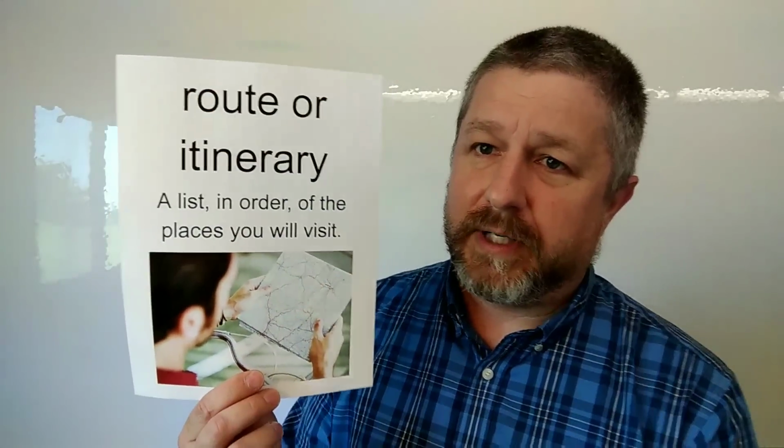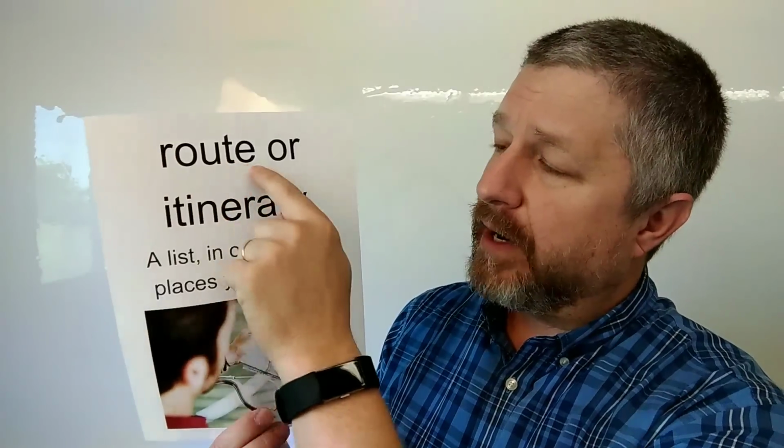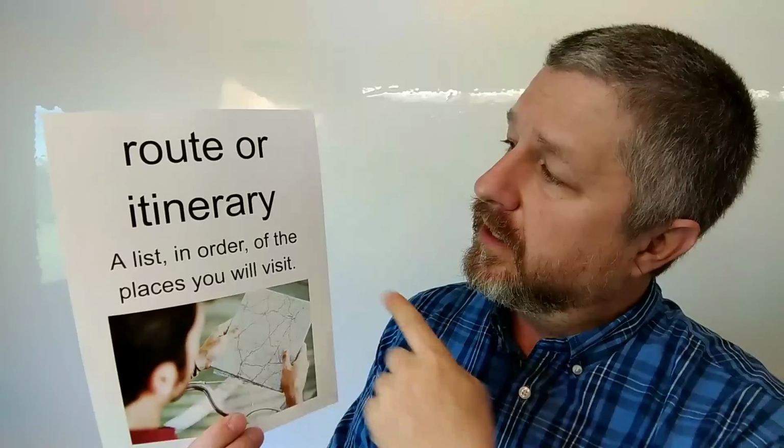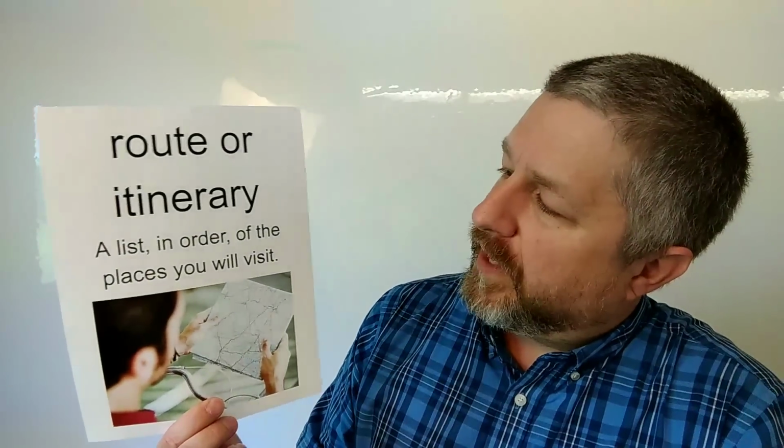When you go on a trip, a lot of times you will have a route or an itinerary. Now this word, route, you may hear it pronounced route or route. We say route most of the time in Canada. And itinerary is a bit of a challenge. It's a bit of a mouthful of words, isn't it? But this is a list in order of the places you will visit.